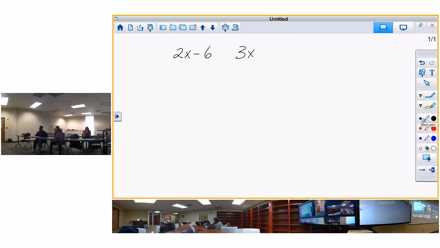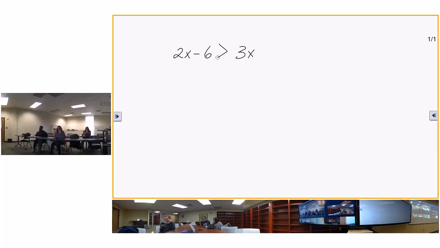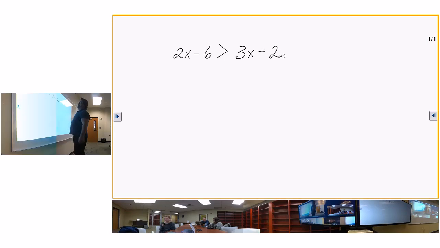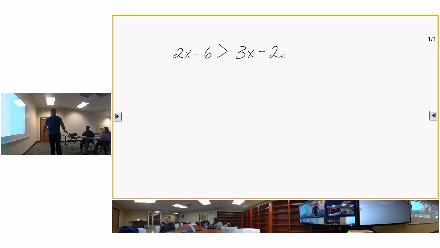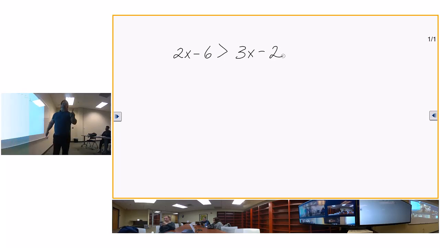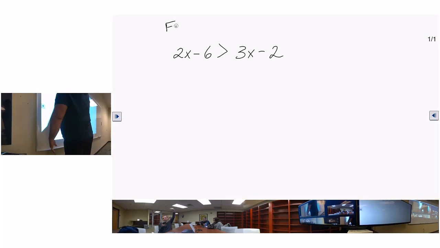Yeah, because I'm the only one that ever talked. 3x minus 2. But before I start, I want to verify that that was the problem, because she'll set me up for failure. Is that it? That's what it was. Okay. And the directions don't say real numbers. It says find, and I want you to highlight this because it's going to get you on a test.